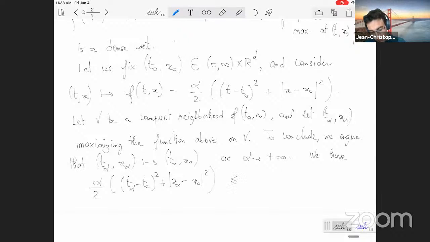It is always smaller than some constant, which depends on the values of f on V. And so that finishes the proof. Sounds good?